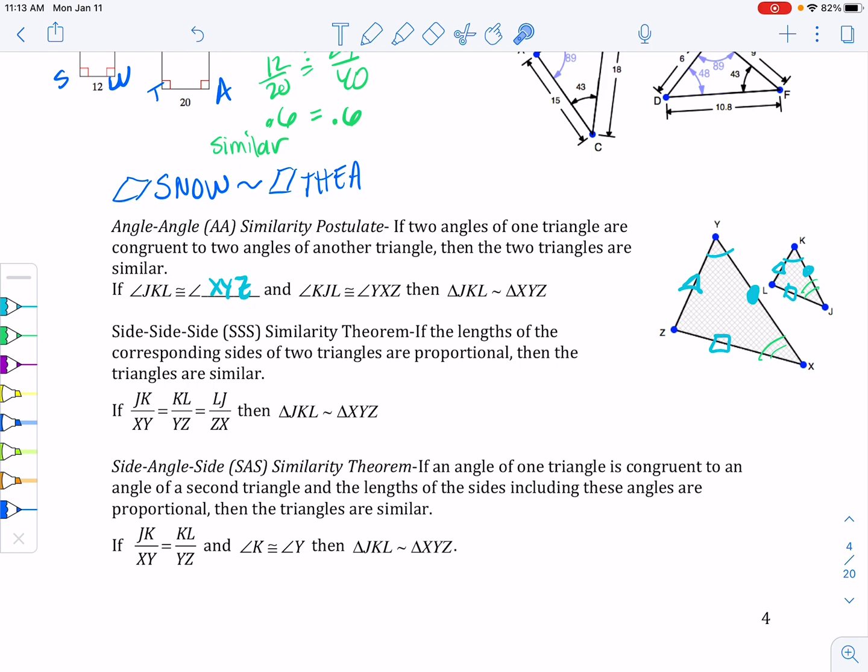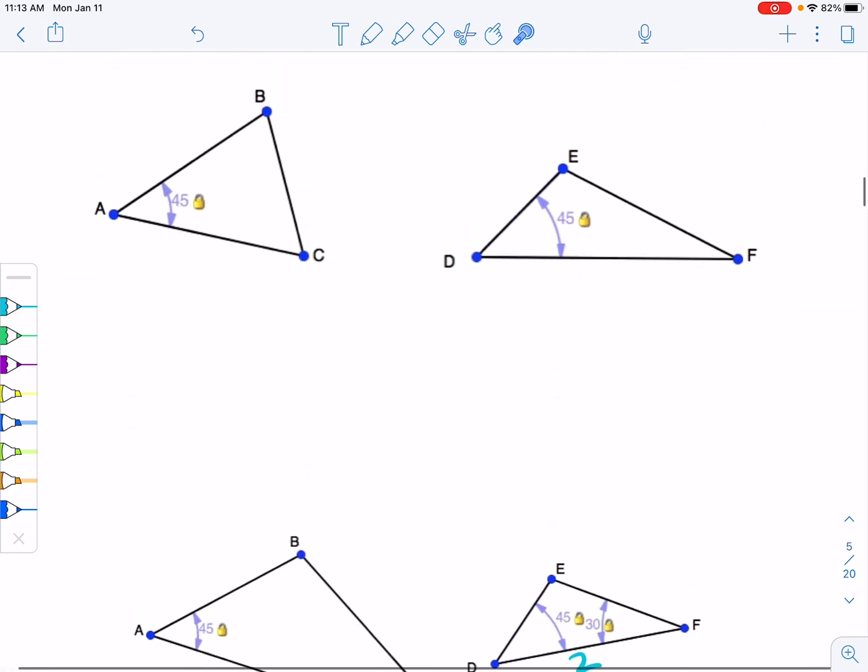We also have side angle side. Okay, so if we had taken just one angle, but we knew these two sides were proportional, then I would have to draw a slightly better picture. So this is 45 degrees, but these sides have to be proportional. If I say this one's 4, then that one's 2, and this one's 6, then that one's 3, right?